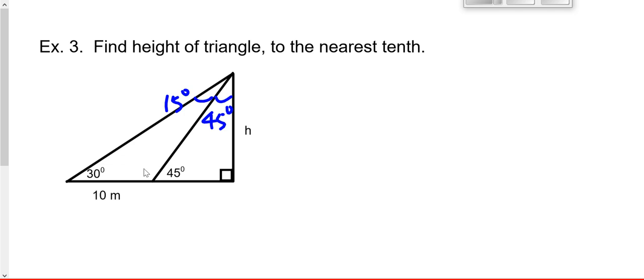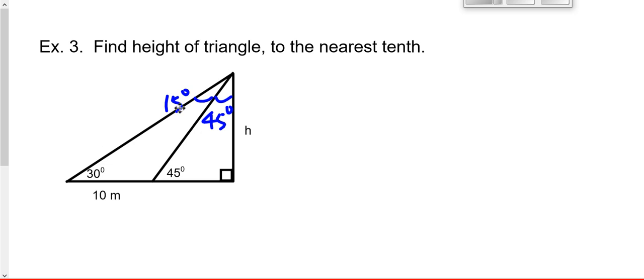If you want, you can find out this angle here, but we really don't need it at all. So now we know this angle and the side opposite to that. Great, we know this angle, but we don't know the side opposite to it.